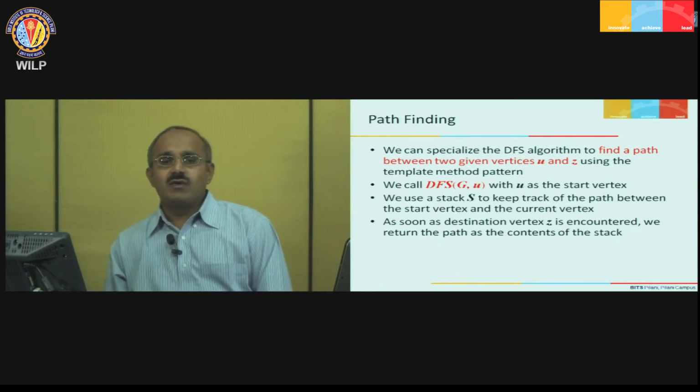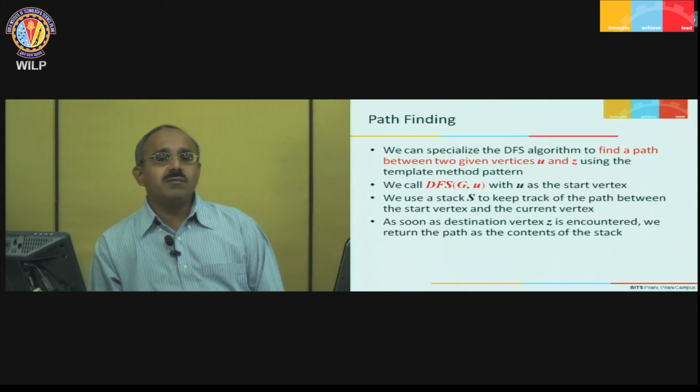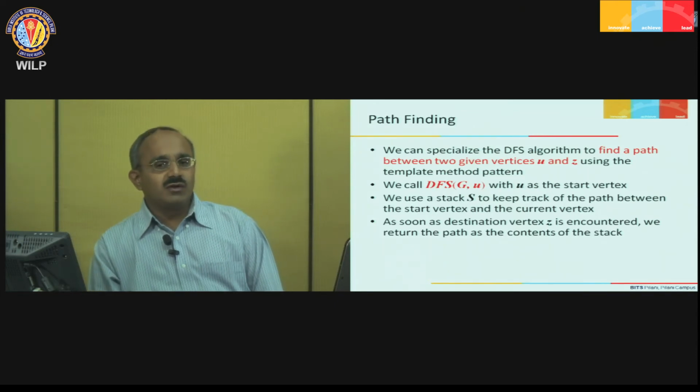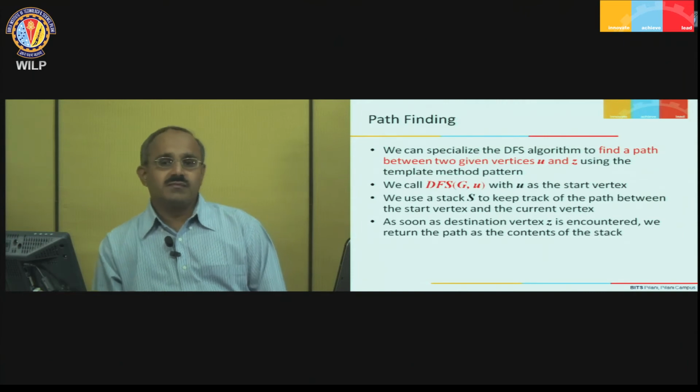Recursive procedures will require stacks to be used as data structures in implementing the DFS procedure. As soon as z is encountered, and definitely if the graph is connected, z will be encountered. If z is not encountered, it would mean the graph is not connected.